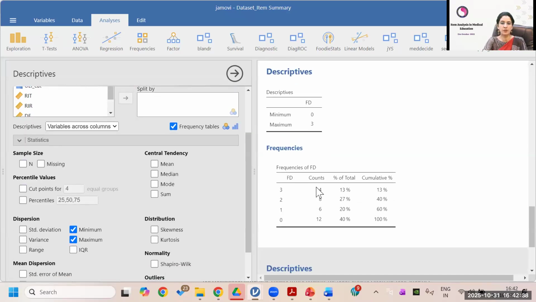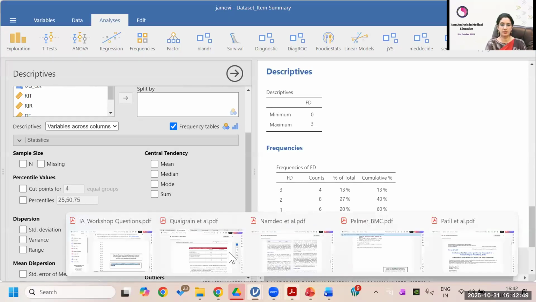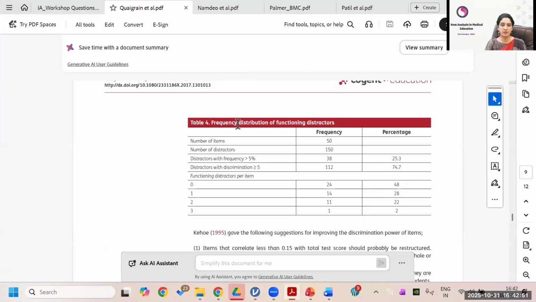It gives you the total: how many items with 0 distractors, 1, 2, and 3. This is the same table which you are seeing here.